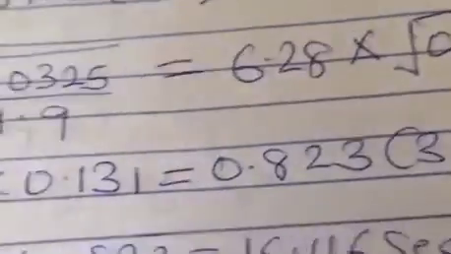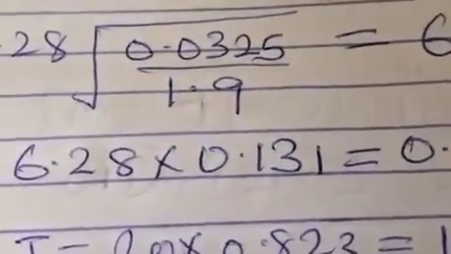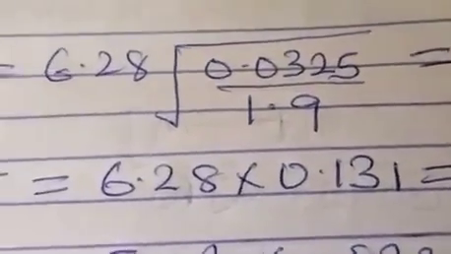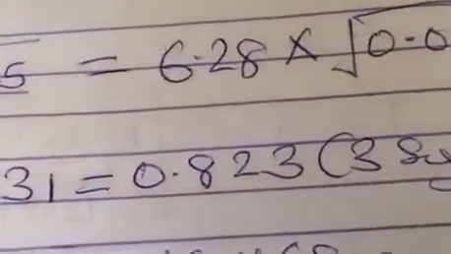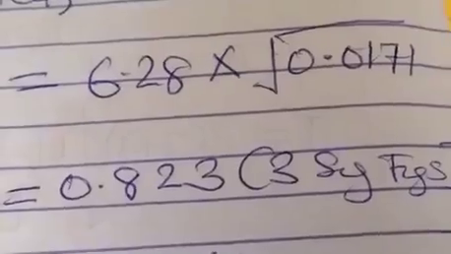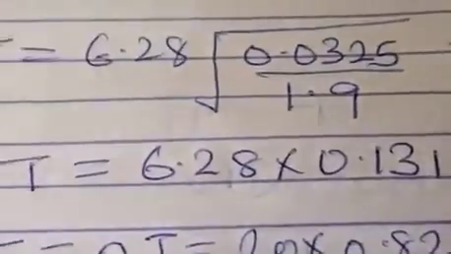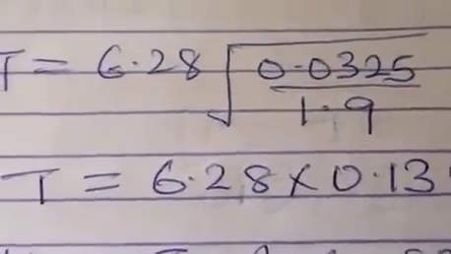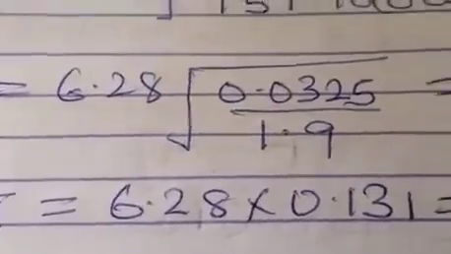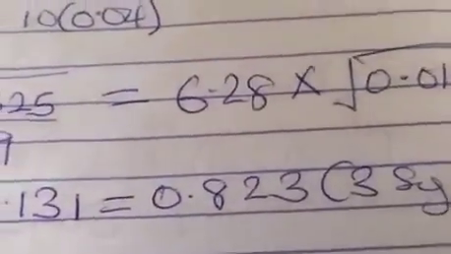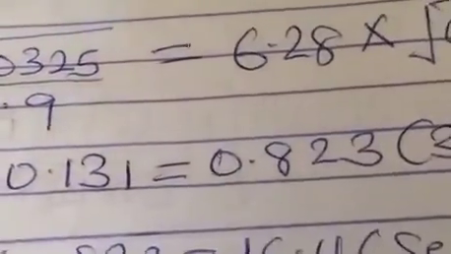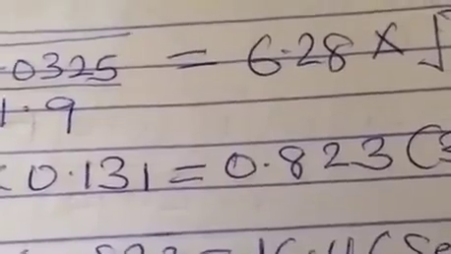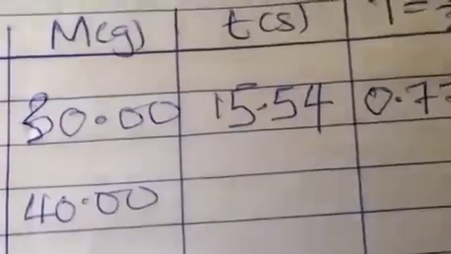The square root of 0.0171 is 0.131. Multiply it by 6.28 that is in front of the square root sign. That will give us 0.8233. As I said, find your period only to 3 SF. When you report, use 4 SF, but in calculation, keep it to 3 SF. So our period is 0.823 for the 40 gram mass.